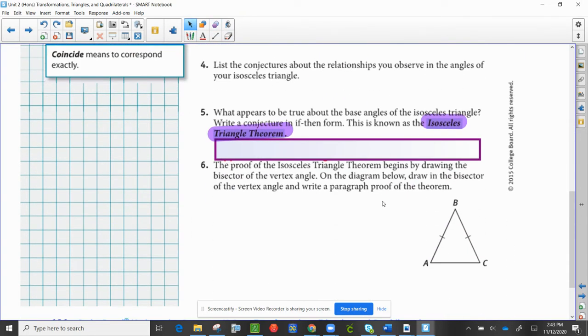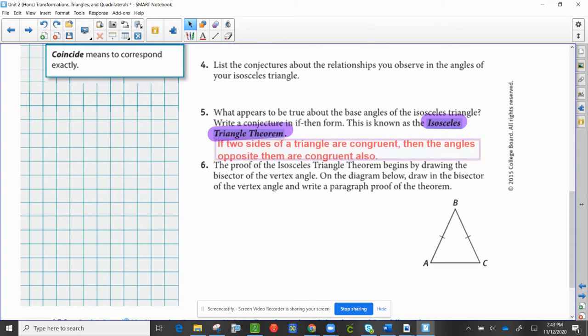So we're going to jump down here to number 5, where it talks about the isosceles triangle theorem. That theorem is this: if two sides of a triangle are congruent, then the angles opposite them are congruent also. So here in triangle ABC, this is an isosceles triangle because you have two congruent sides.